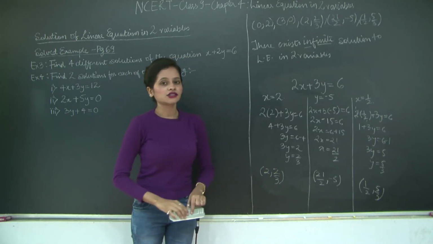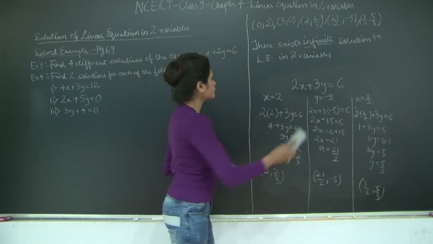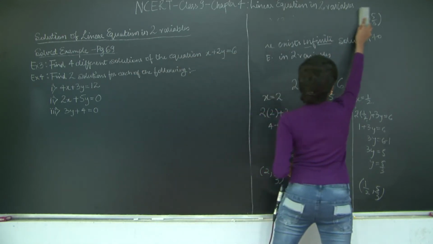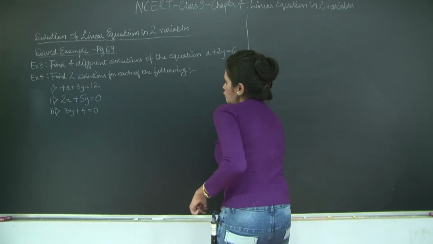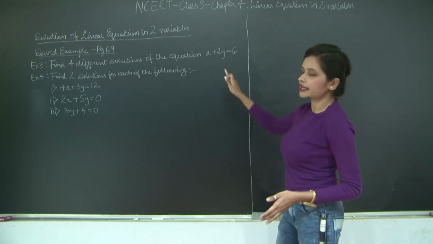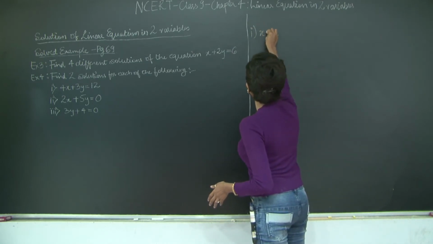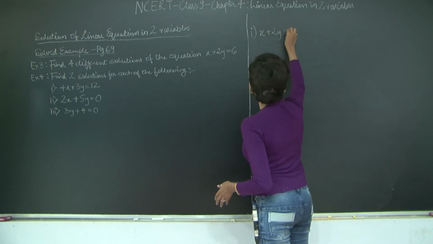Now we'll go ahead and solve the examples in your textbooks, which are on page 69. So I'm erasing this section of the board. The first one: find 4 different solutions of the equation x plus 2y is equal to 6. I'll just write my question. x plus 2y is equal to 6.